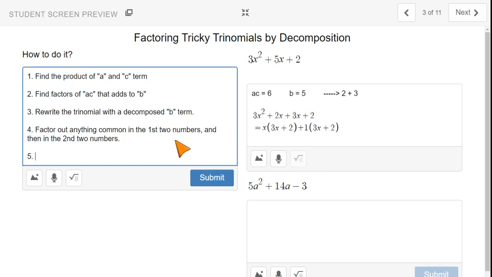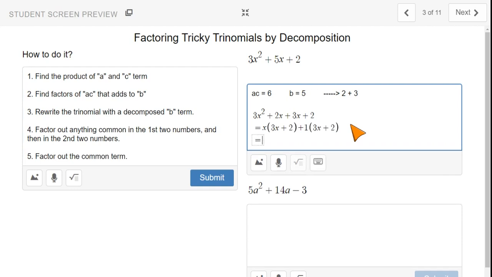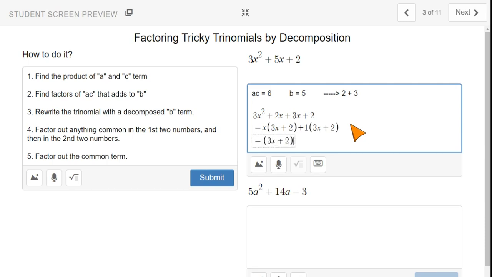Then we're going to factor out our common term. 3x plus 2 is the term that's common. So when I factor out the common term, I'm going to write this out in full so that you see all the steps.